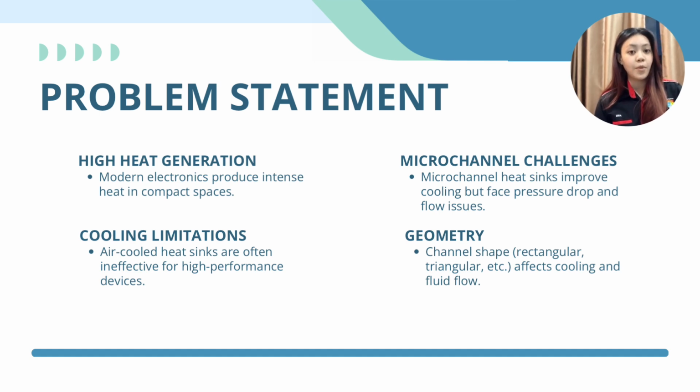However, they come with design challenges such as increased pressure drop and uneven fluid distribution. Most importantly, the geometry of the microchannel, whether it's rectangular or trapezoidal, plays a key role in both heat transfer efficiency and fluid flow behavior.